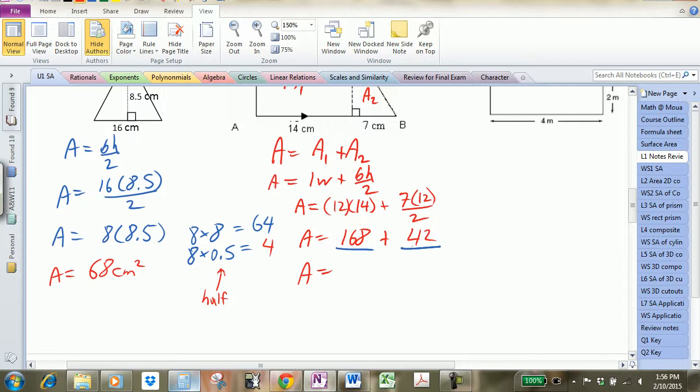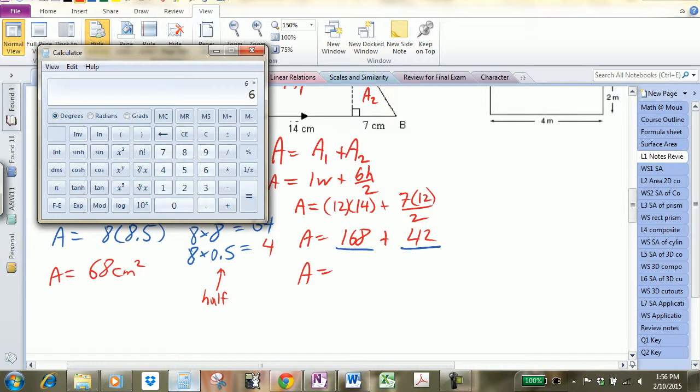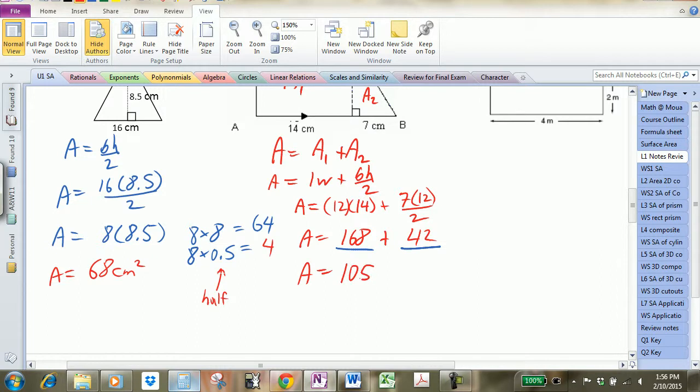Remember BEDMAS? BEDMAS tells us we have to find those 2 answers first, and then the last step is adding it together. Don't trust your calculator, because sometimes your calculator's not doing proper BEDMAS because you're telling it not to do proper BEDMAS.